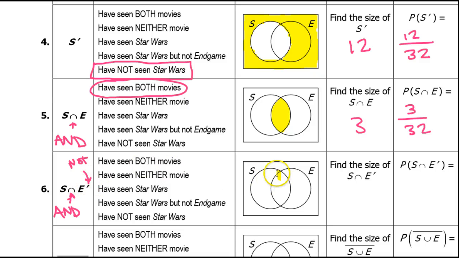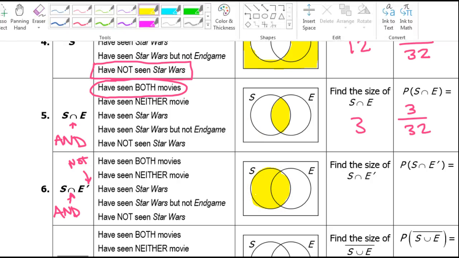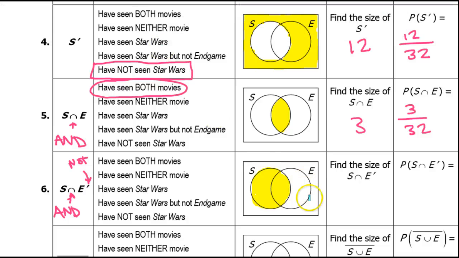So here is S, which I will shade in yellow. And now I'm going to shade not E in blue. So not E is going to be everything that is outside of E. Boom!